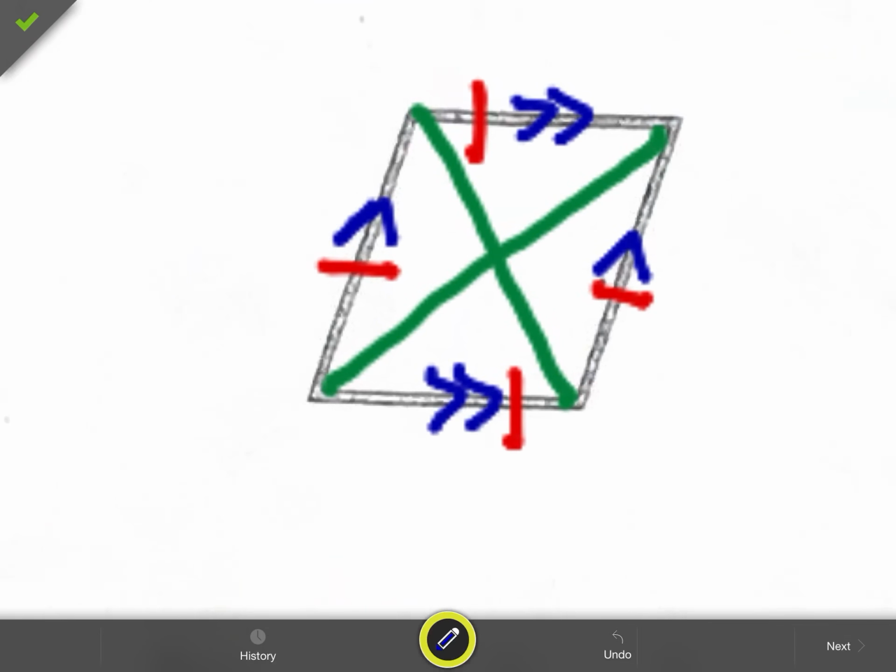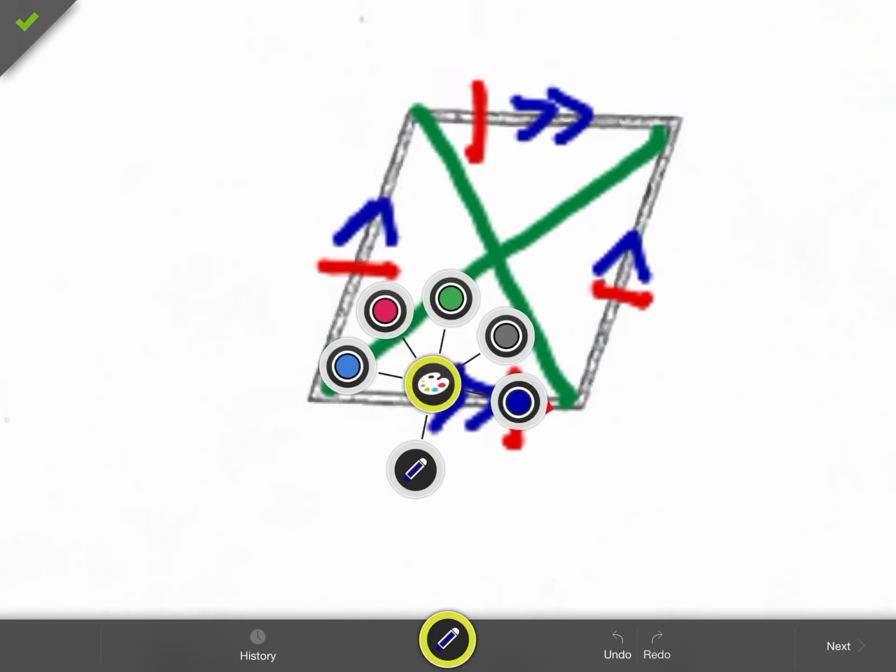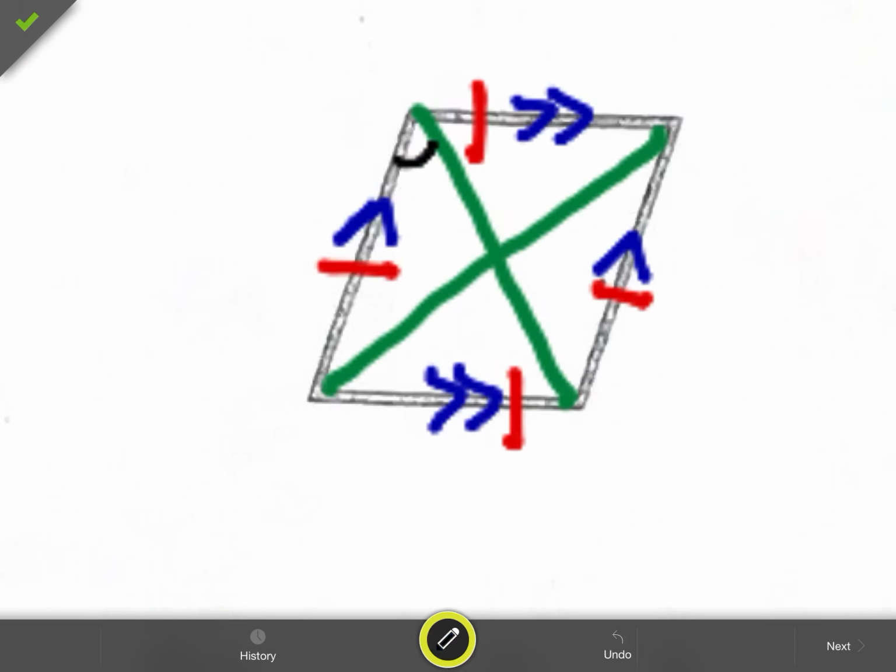This diagonal is going to split the corner, and it's going to make this little angle, and let me do a different color because I already used blue. This angle is going to be equal to this angle. Okay, all the way around your shape. These green lines are going to cut these corner angles in half.